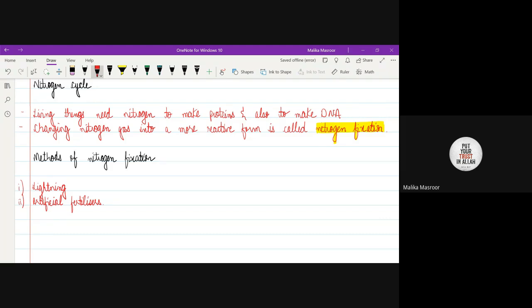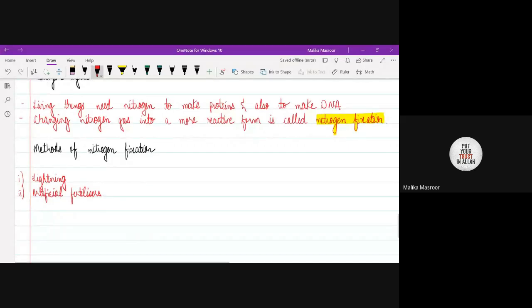Then I have different types of bacteria that are involved in the nitrogen cycle. Firstly, nitrogen fixing bacteria.